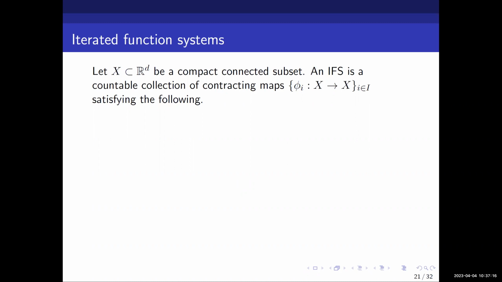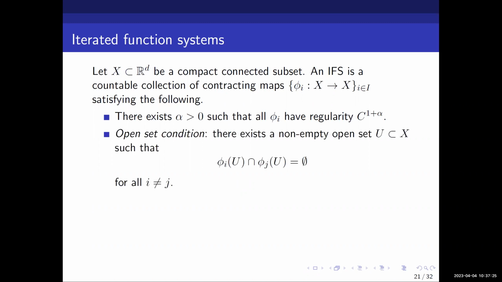They're contracting, and they have some regularity. This is not a classical assumption, but we will assume it because we're going to need it in a minute. This is a classical assumption: you want some separation condition. So you want their images to be disjoint, or disjoint up to some open set inside. They can overlap, but you need an open set whose image is disjoint. So they can't overlap too much.